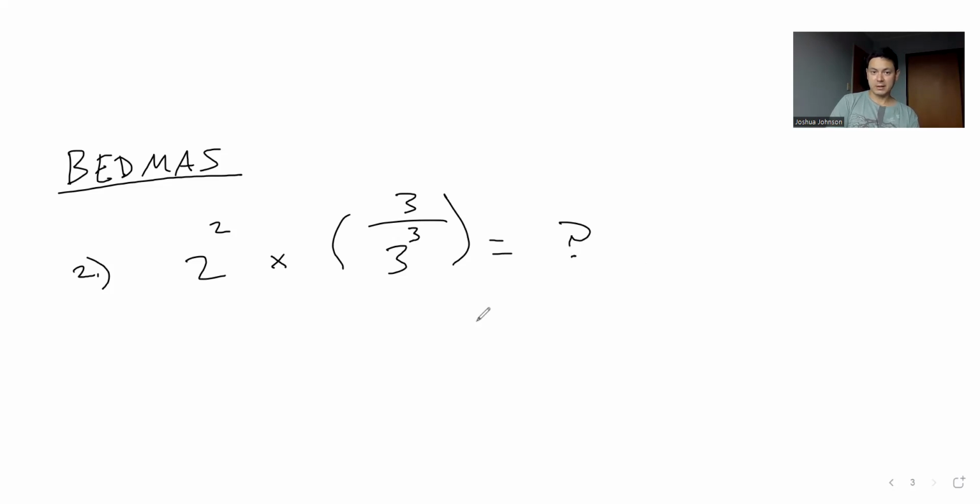So BEDMAS, again, we do what's in the brackets first. So we have 2 raised to the second times whatever is inside the brackets. In this case, we have 3 divided by 3 cubed, which is the same as 3 times 3 times 3.